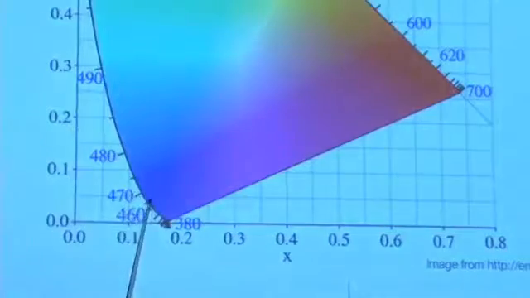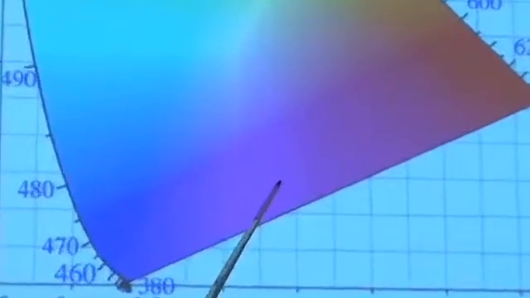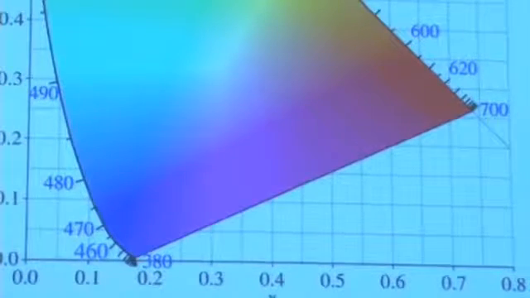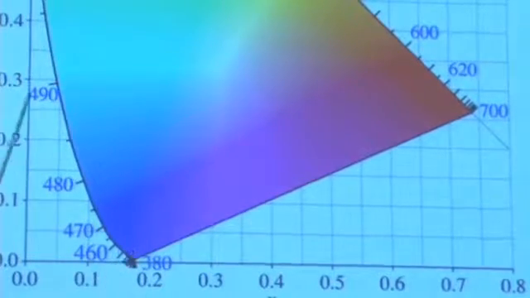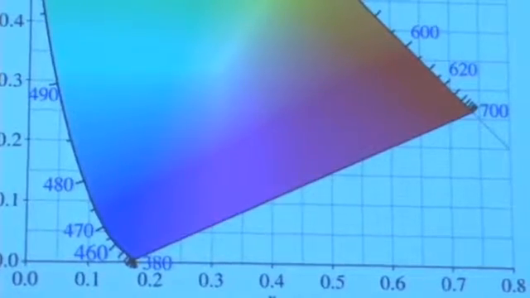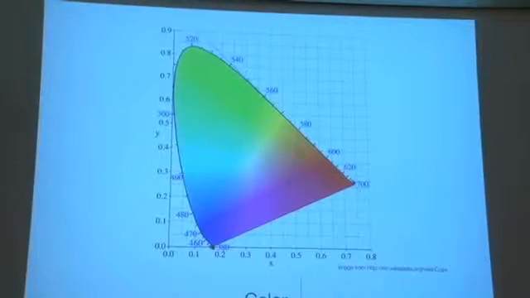You can draw a line between those two points, and the one right in the middle is the color that will be represented. So what we're showing here is this capability of mixing various colors to get all of the colors that we can perceive. Everything that we can see and perceive is supposed to be represented by this graph.